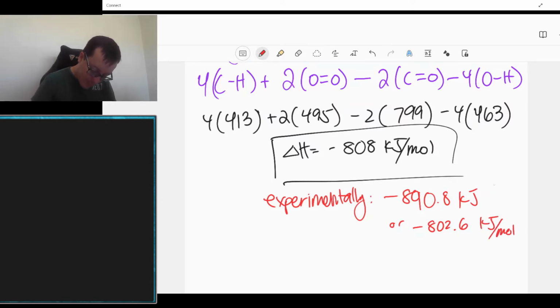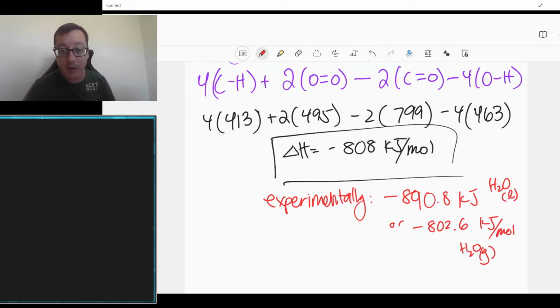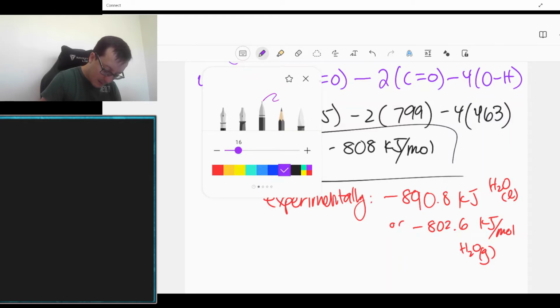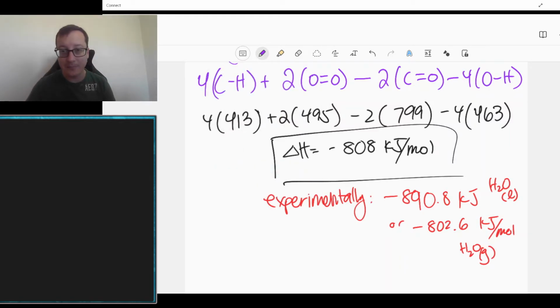So this is if water is liquid. This is if water is gas. Remember that your state of matter does matter. It's important when you're doing delta HF, right? Because those have different values. And so experimentally, I mean, we calculated negative 808. So that's closer to this one.